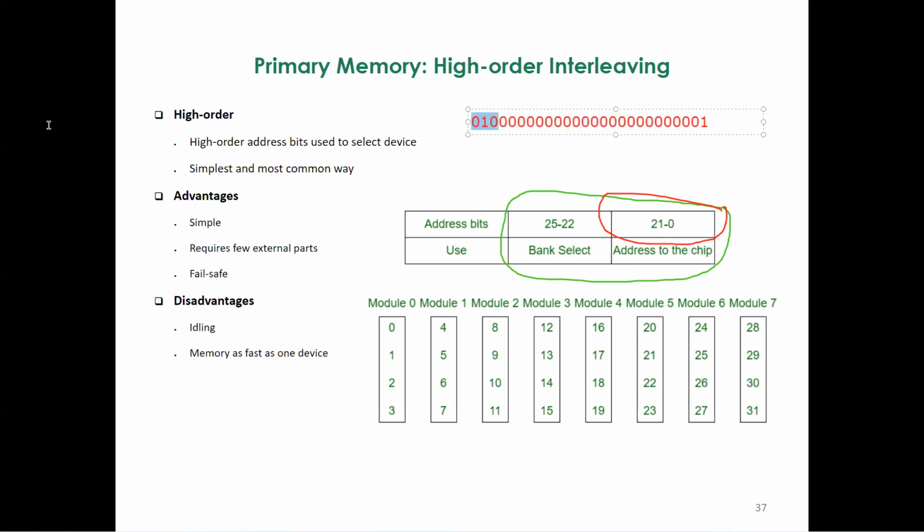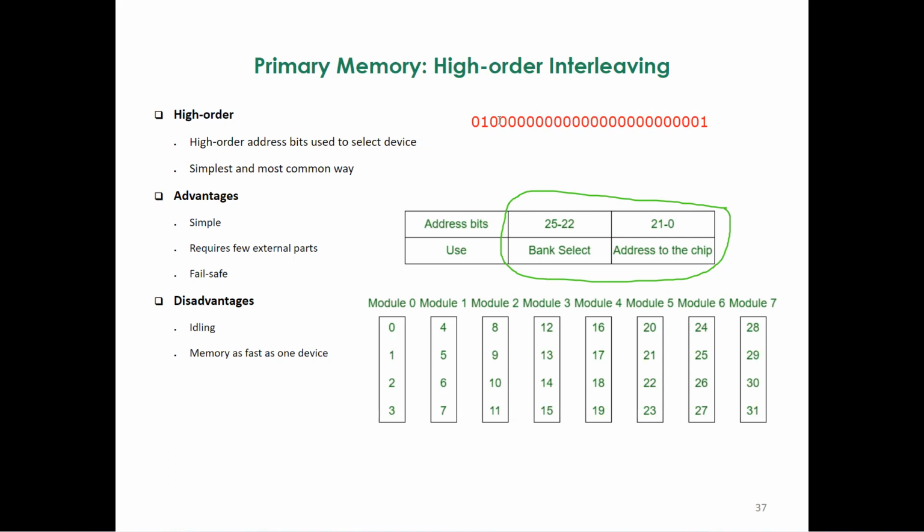So what you do, you can select the first 3 bits, 0, 1, 0, the value thereof is actually 2, which means the bank that serves this address is actually module 2, or bank 2.